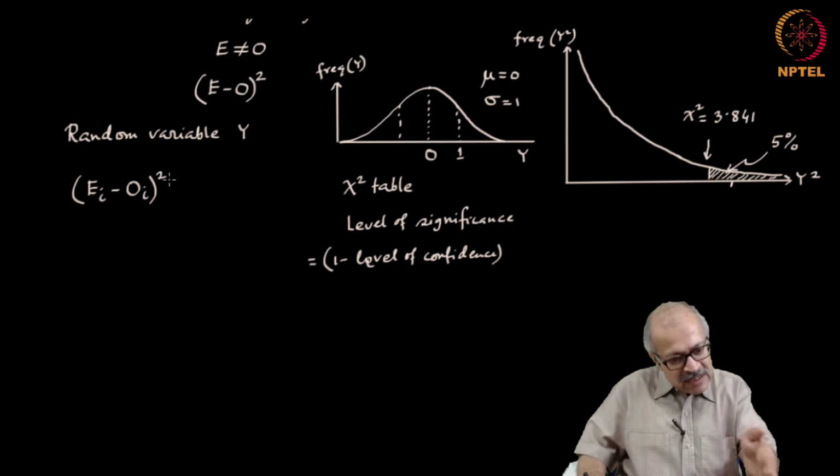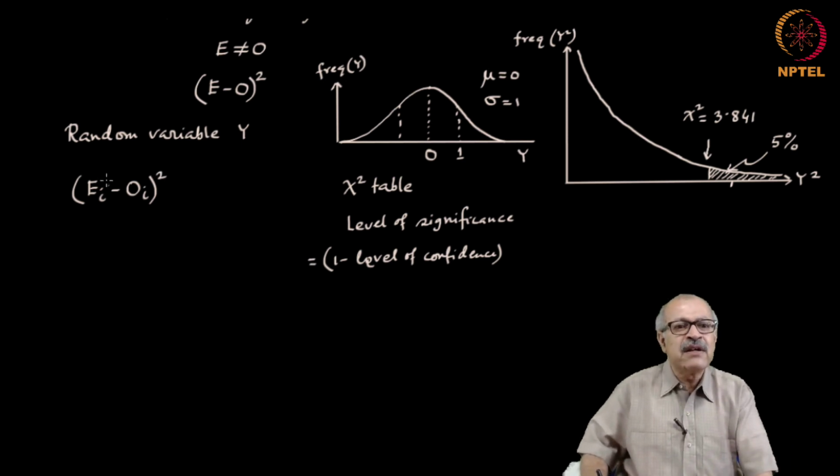Since for different situations the same theory can have different predictions, there can be i different situations, and therefore there will be i different observations, and for each one the difference will be quantified like this.